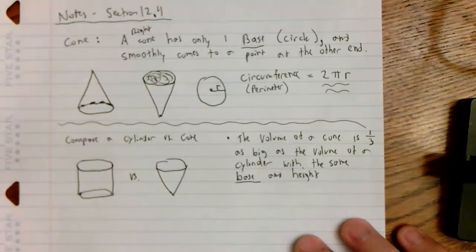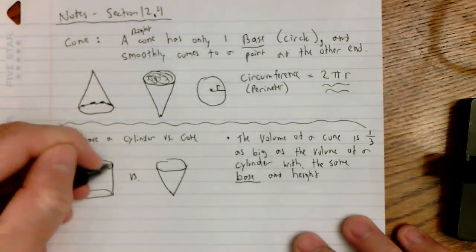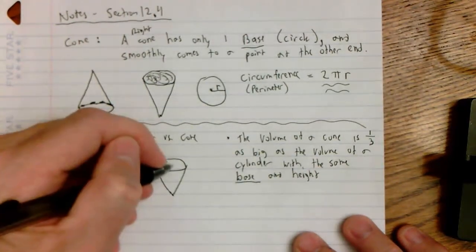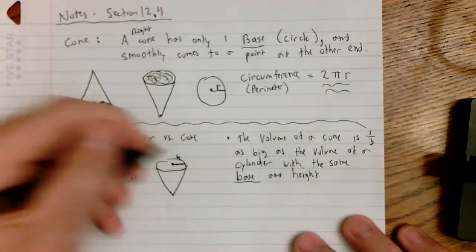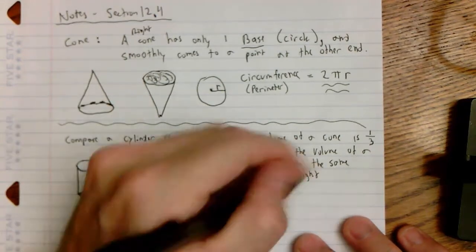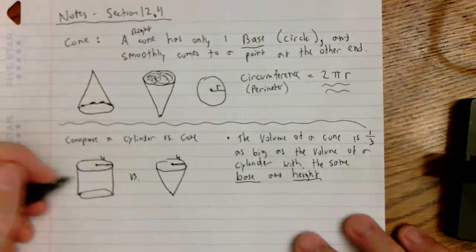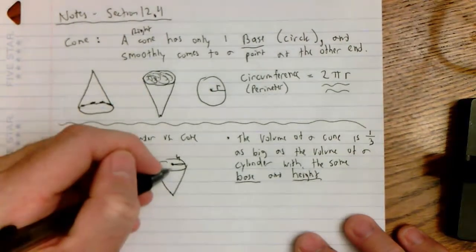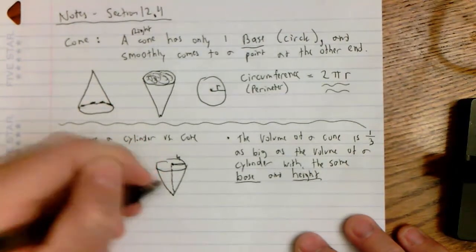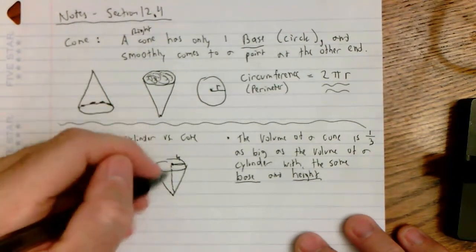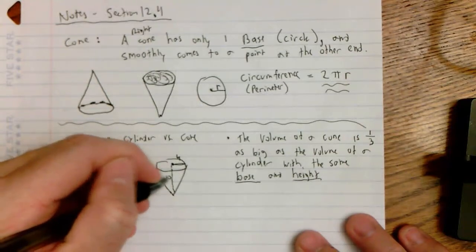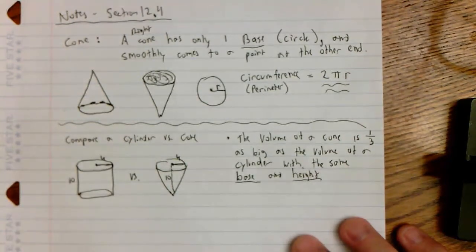So the base has to be the same, which means like if this has a radius of 4, then this has a radius of 4. And the height has to be the same. So if this has a height of 10, sometimes to draw a height on a cone, they draw it down the middle like that with a dashed line. And it has a height of 10.